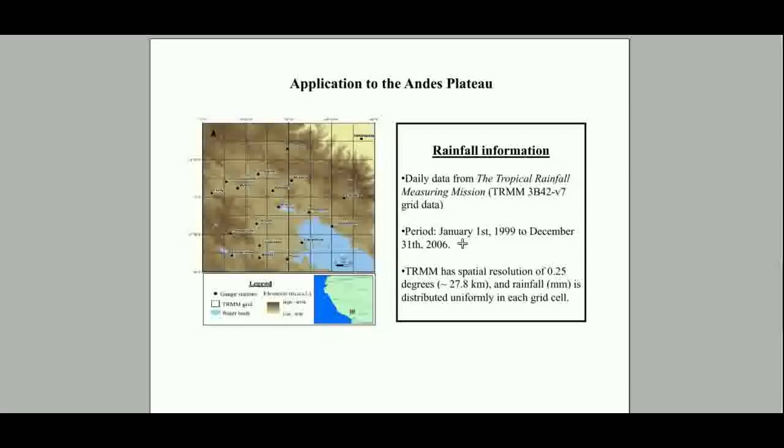We have data starting on January 1st of 1999 until December 31st of 2006, and this information has a resolution of about 28 kilometers, which is too coarse for our application. Therefore, we want to downscale this information to about 1 kilometer resolution.